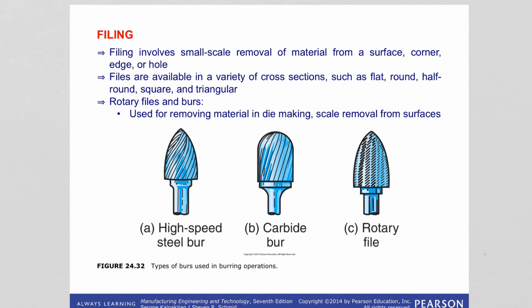Although filing is usually done by hand, there are machines with automated features that use burrs and attachments, and as you see in the images, these are used in die making or scale removal from the surfaces. They have different shapes. They can be flat, round, square. As you see in the images, there are different attachments, and if you watch the videos, you will see.